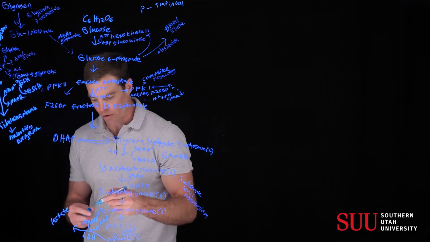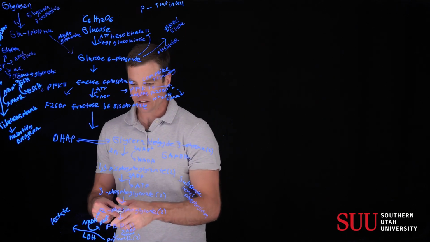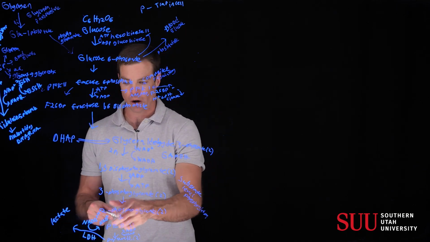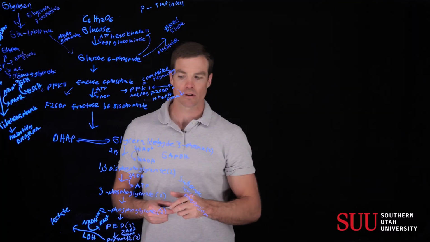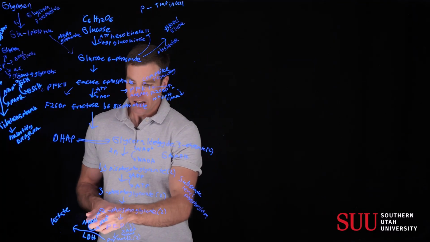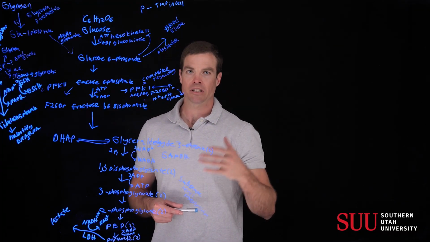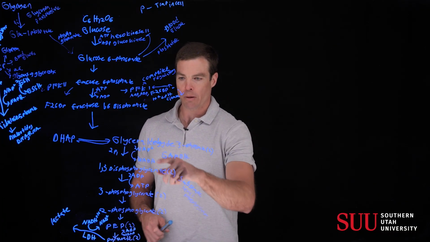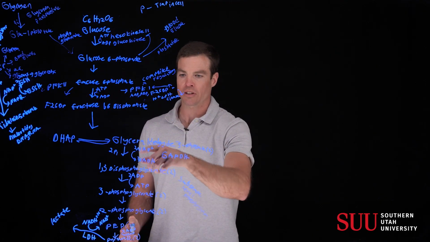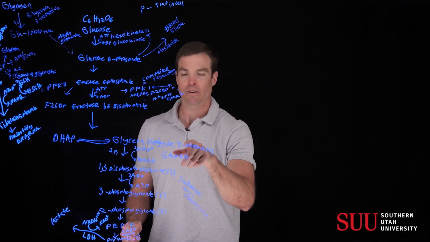We'll talk more about the importance of this, but this is why this reaction is so critical for glycolysis. If you have glycolysis running and you're trying to make as much ATP as possible, then in order to continue driving glycolysis, you have to continue oxidizing glyceraldehyde 3-phosphate.